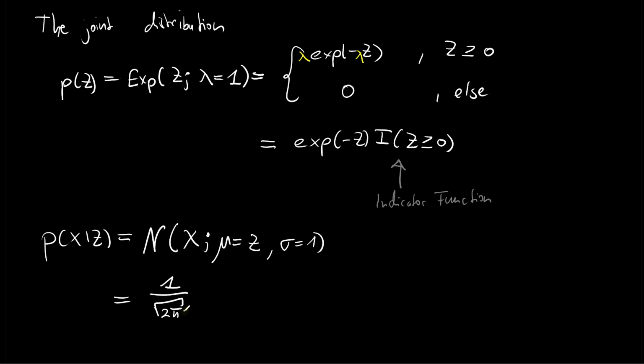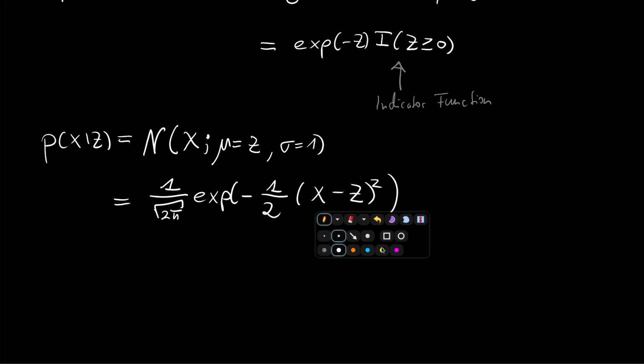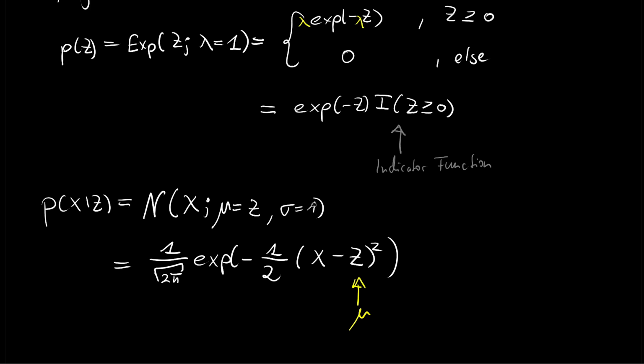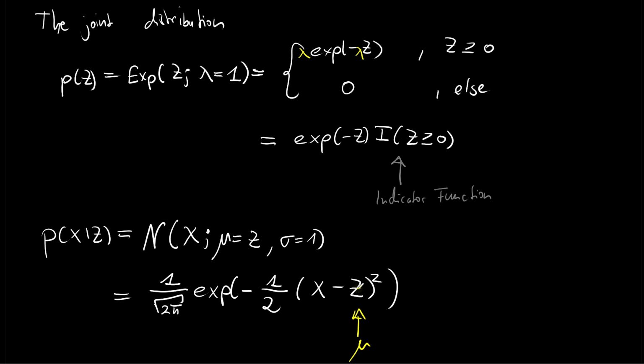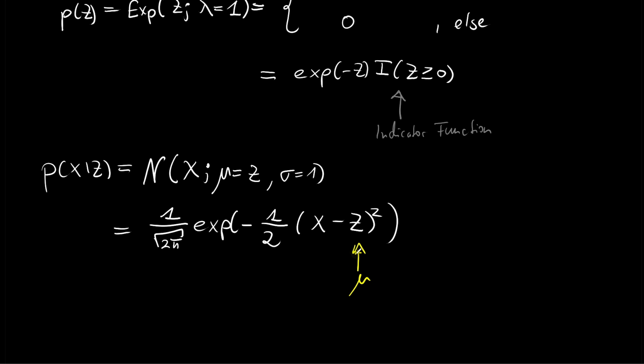So there would be a sigma in here, but since it is 1 and multiplying by 1 does not greatly alter the solution, let's keep it that way, and then multiply with the exponential of minus 1/2. And here we would again have a sigma squared. So we can also get rid of that here. And then we have the X minus Z in brackets squared. And recall this Z here is a placement for mu. So basically the exponential distribution is defining where our normal distribution is going to be centered around.